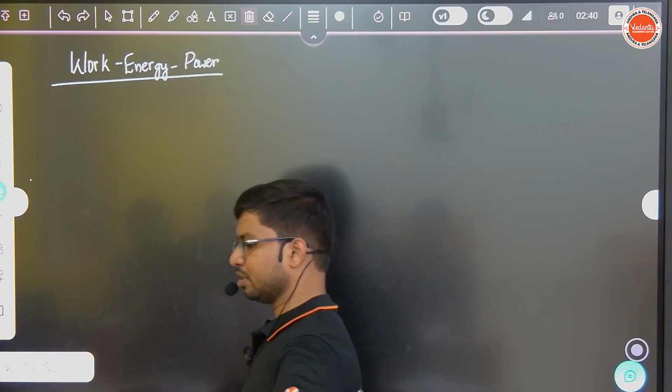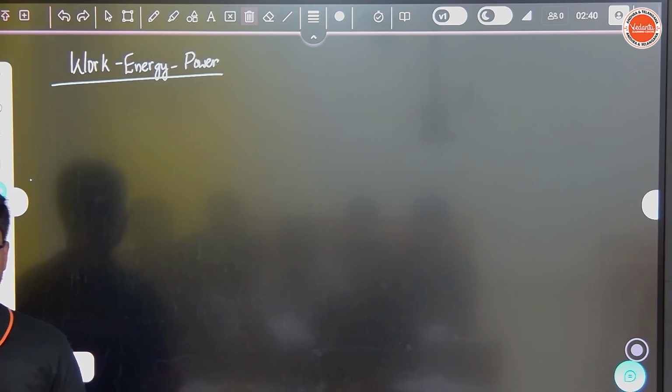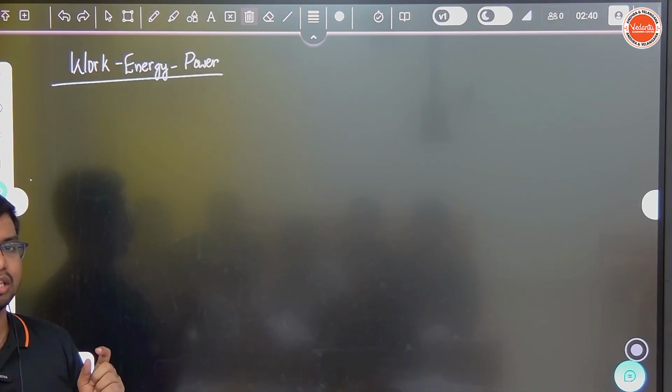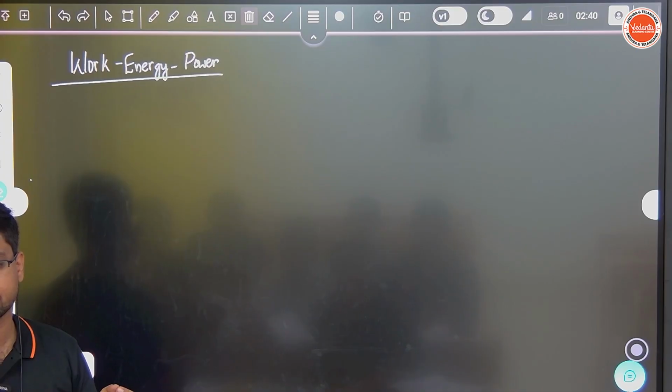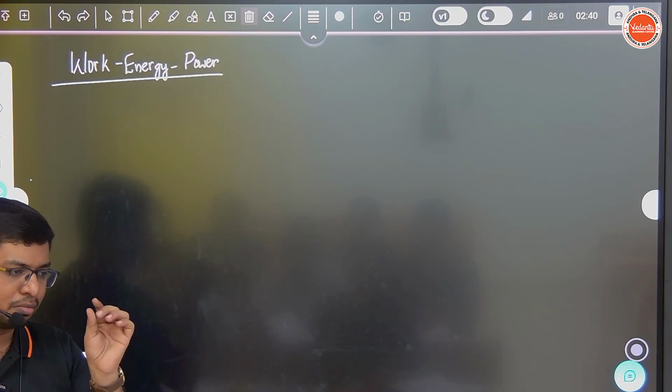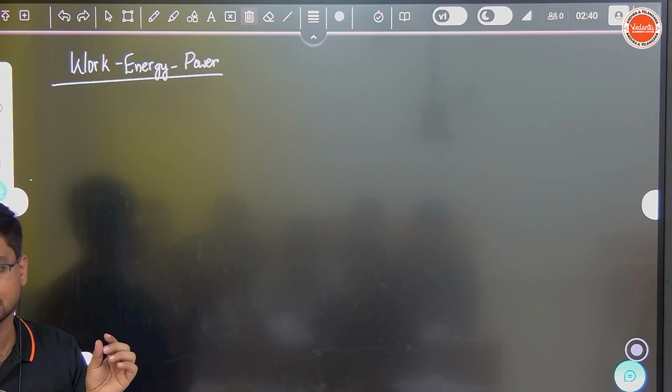Or you could even say that it is the energy possessed by all the molecules because of their kinetic energy. You know that in each and every mass, molecules are not static, right?